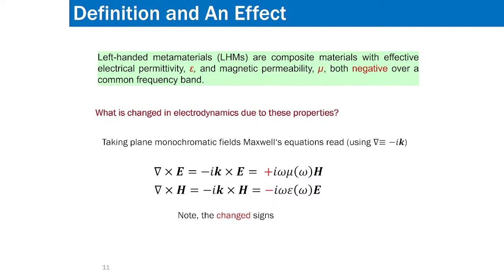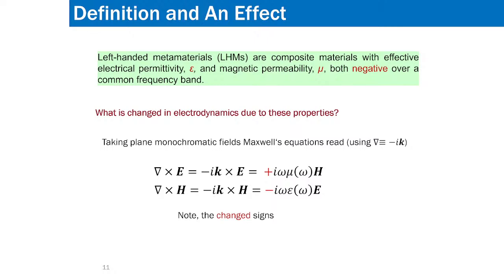Let us look at the first curl equation of Maxwell. Curl of E is del cross E. Del is minus jk, so we can write that as minus jk cross E. Now curl of E, we know, is minus j omega mu H. Since mu is negative, minus j omega times negative mu into H, minus into minus becomes plus.